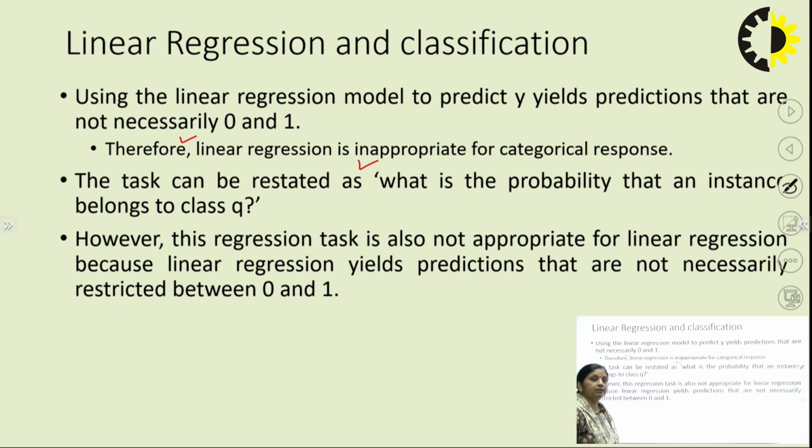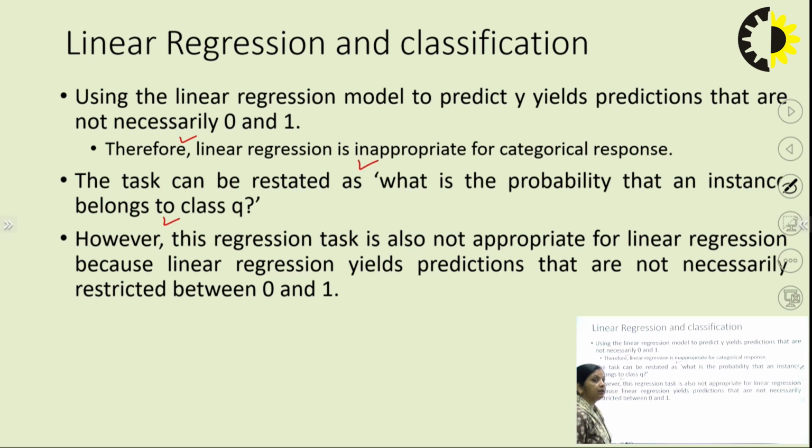So, what is done? The problem is restated, reformed. Now, what we can find out is the probability that an instance belongs to class Q. So, when we talk about probability, it is not 0 or 1, smoker or not smoker. It will be the probability that the person is a smoker and the probability that the person is not a smoker.